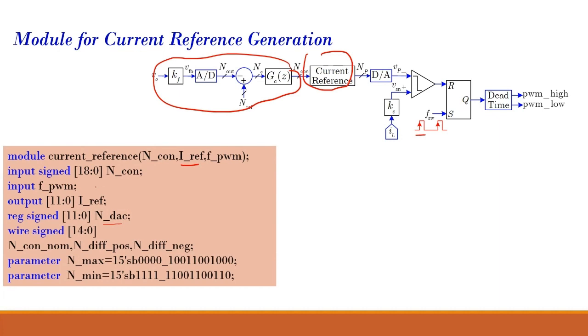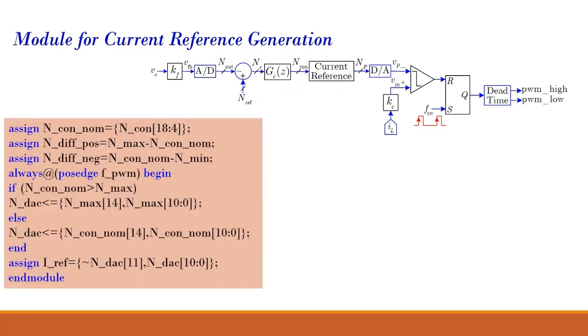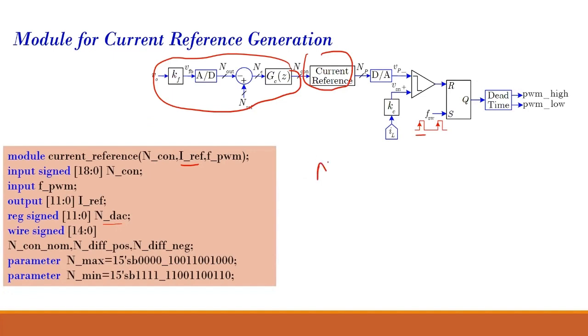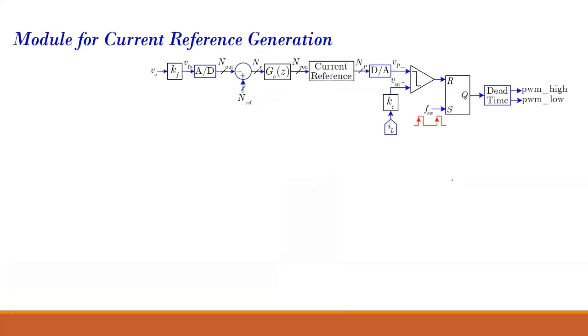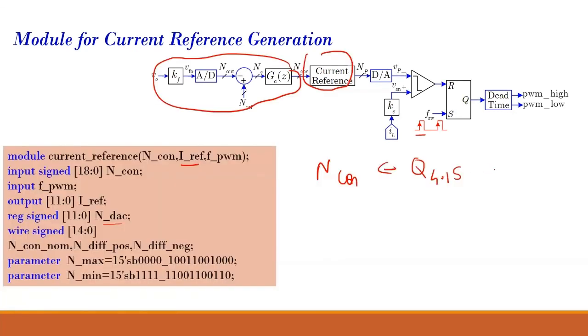So what we are doing is, your NCON signal which was coming here was of the form Q4.15.